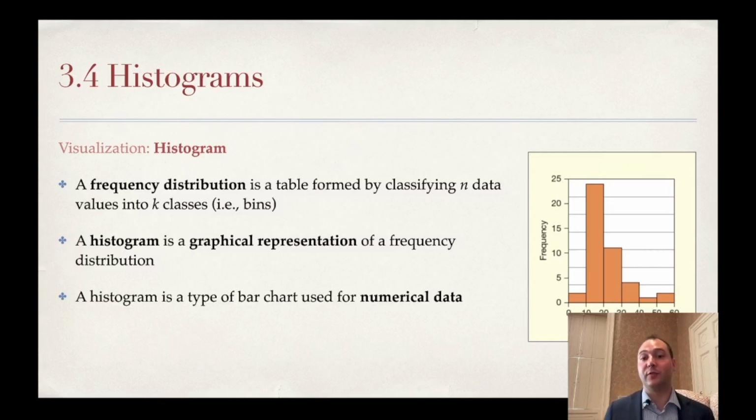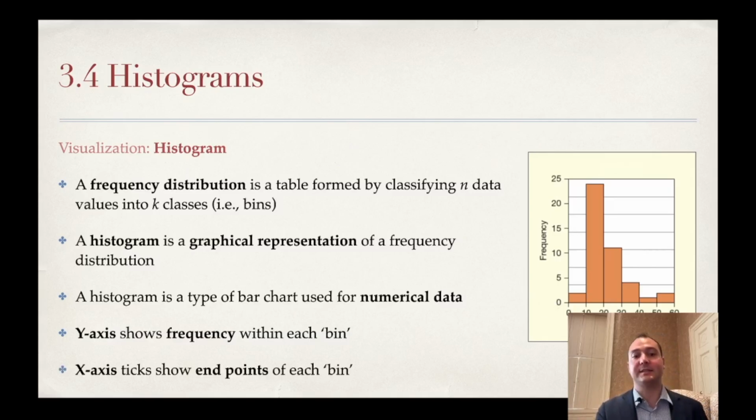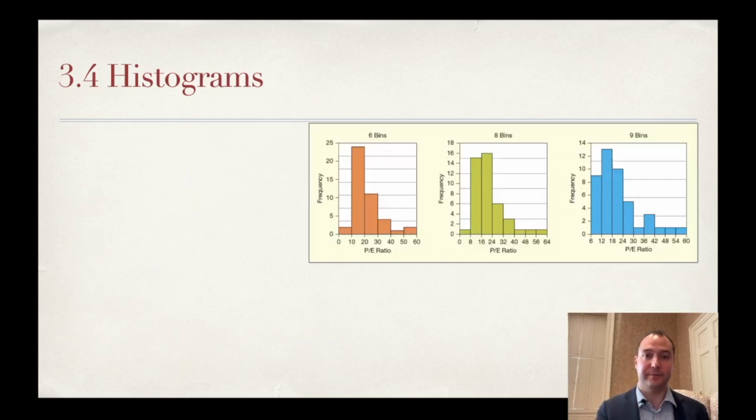Okay? It's very useful for numerical data, specifically for continuous data. The y-axis shows the frequency, or how often it occurs. The x-axis shows each bin, the endpoints, the tick points.